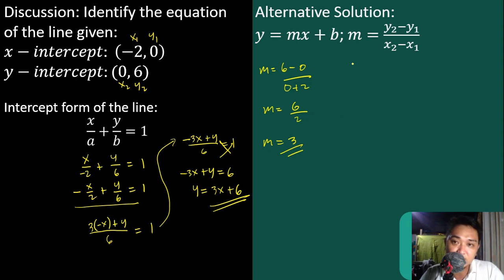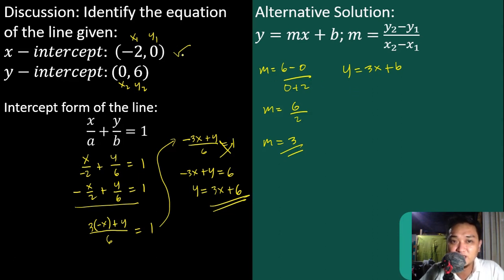Ang gagawin na lang natin, gagamit tayo ng isa sa mga points na to. Ito na lang, piliin natin to. Tapos, let us make use of the x and y values of that coordinate para ma-solve natin yung value ni b. So again, y is equivalent to 3x plus b.